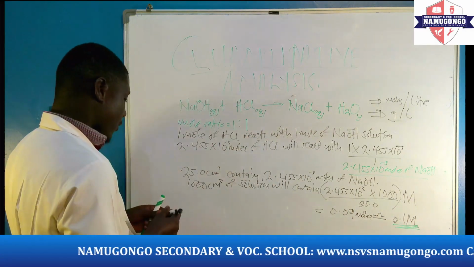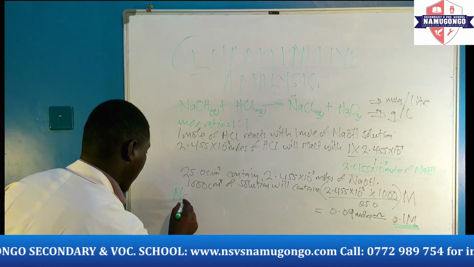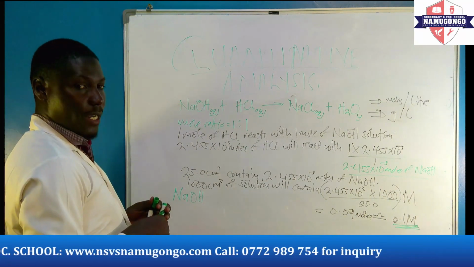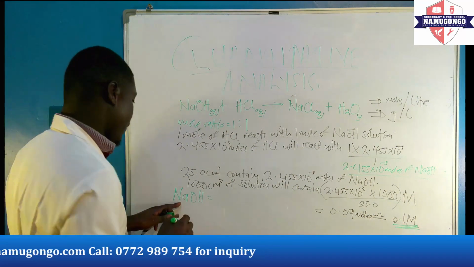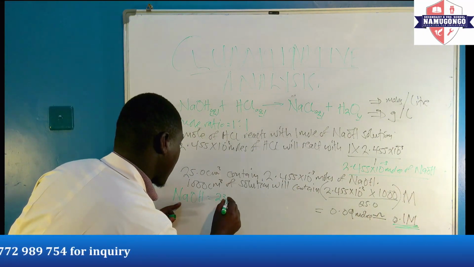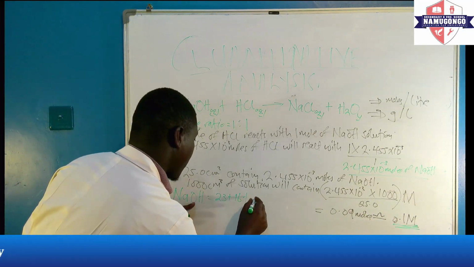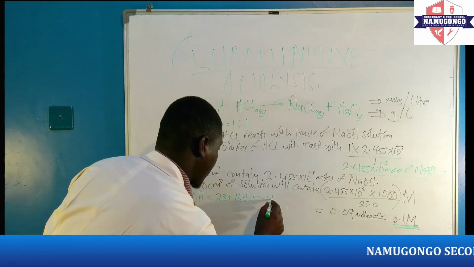When you look at sodium hydroxide, it is NaOH. So to get RFM, we get the atomic mass of sodium, which is 23, plus the atomic mass of oxygen, which is 16, plus that of hydrogen, which is 1. And we end up with 40.